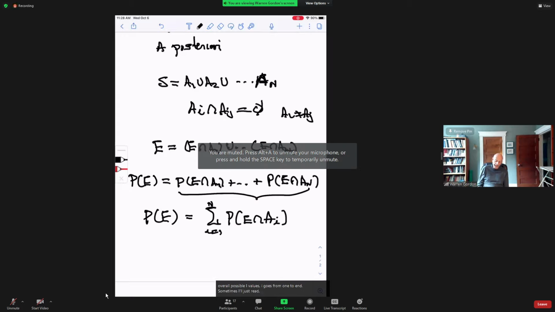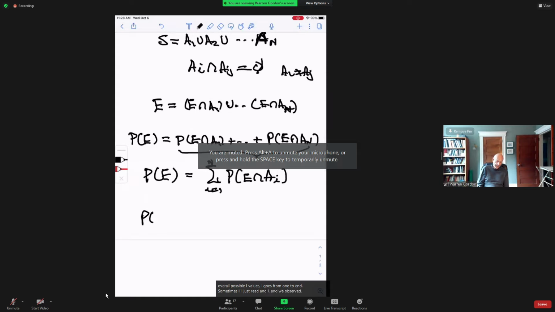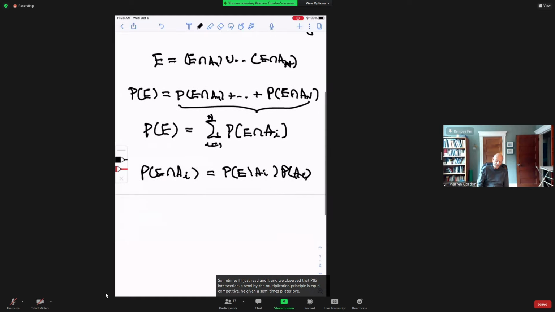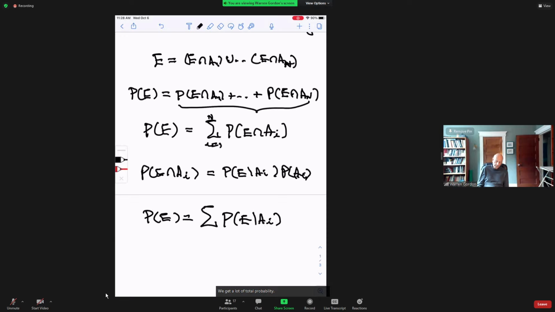Sometimes I'll just write an I. And we observe that P of E intersection A sub I, by the multiplication principle, is equal to P of E given A sub I times P of A sub I. Or we get the law of total probability, the sum over all possible I values.